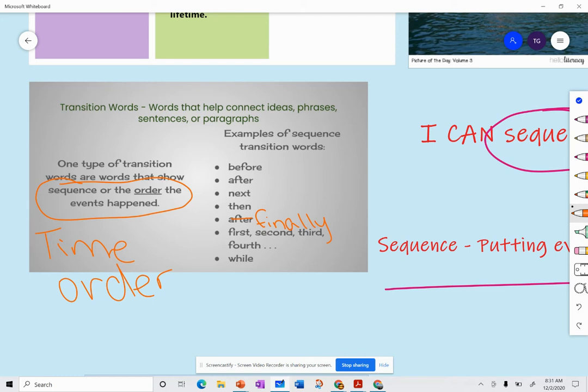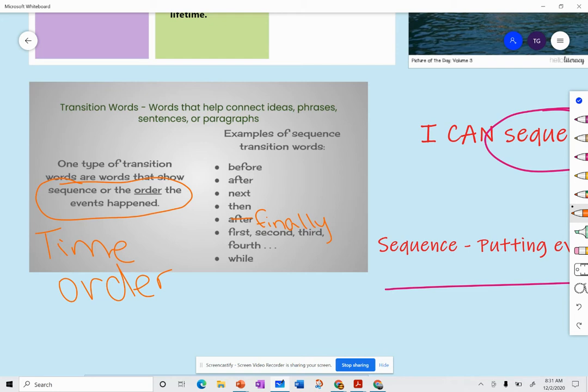Okay. So some examples of sequence transition words are before, after, next, then, finally, and then the traditional first, second, third, fourth. And usually you see those when you're cooking and looking at recipes, and while.